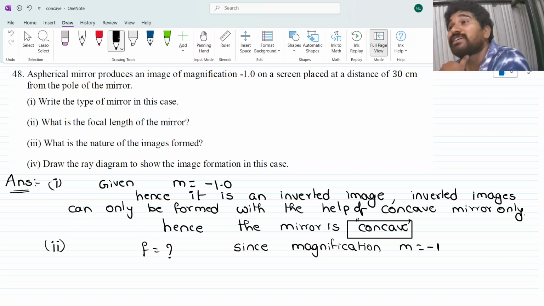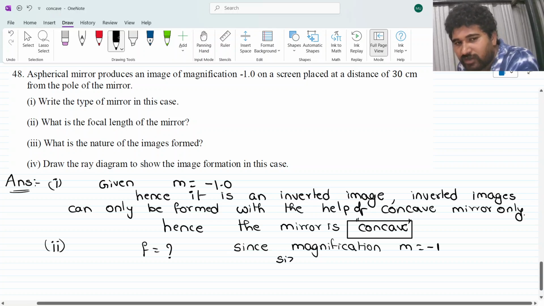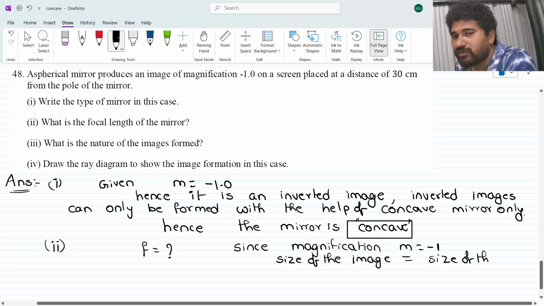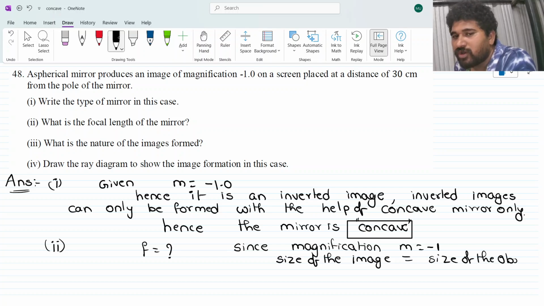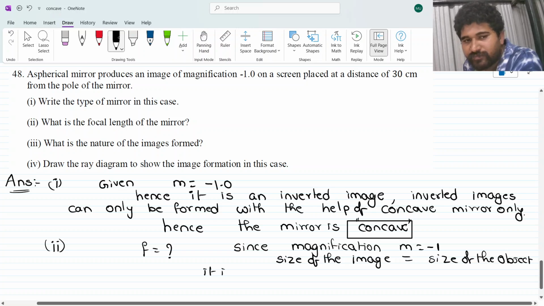Object is at center of curvature. So you have to remember, since magnification m is equal to -1, size of the image will be equal to size of the object. Yes or no?